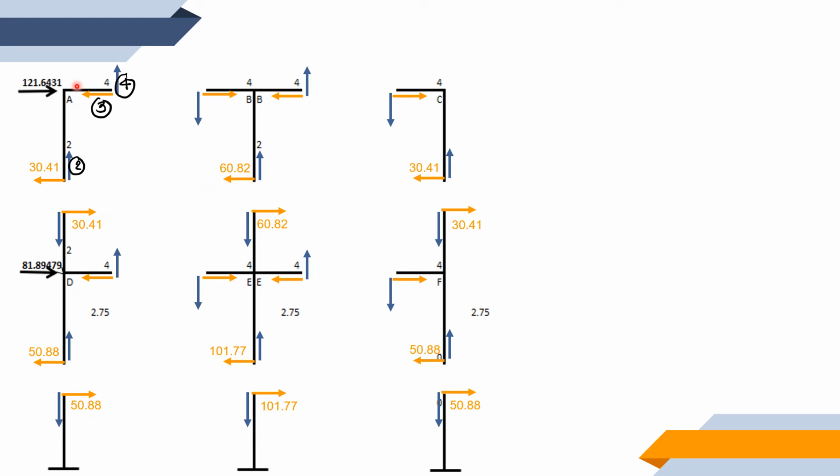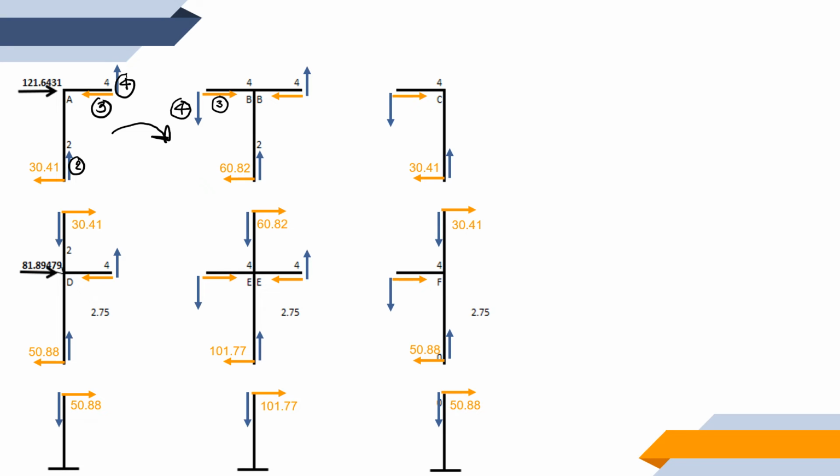So if we transfer from joint A to joint B, the forces that are common to joints A and B are forces 4 and 3. When we move from A to B, these forces will be mirrored. So in this case, this force is still 4, and this orange force directed to the right will be equal to force 3.